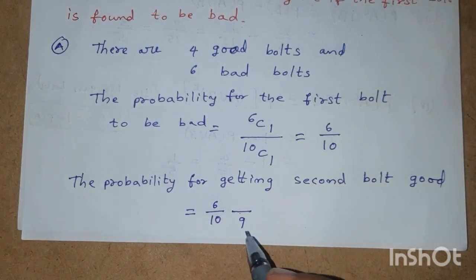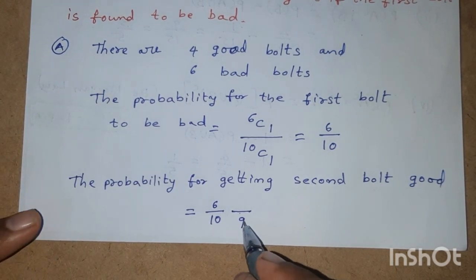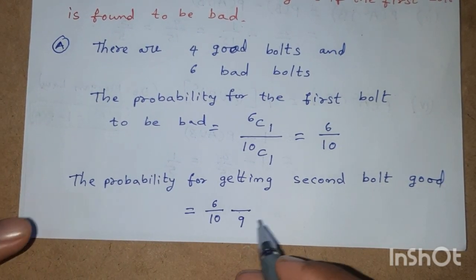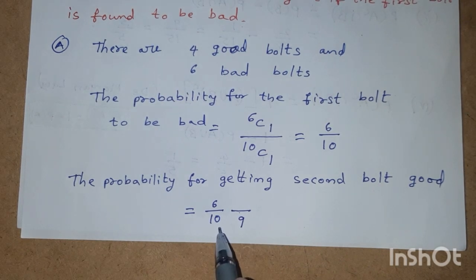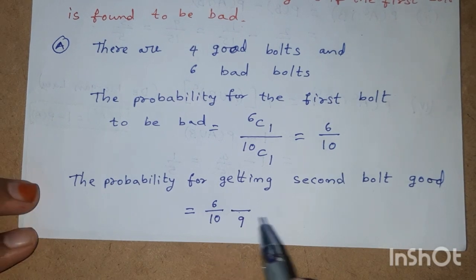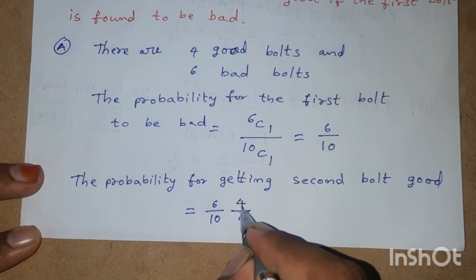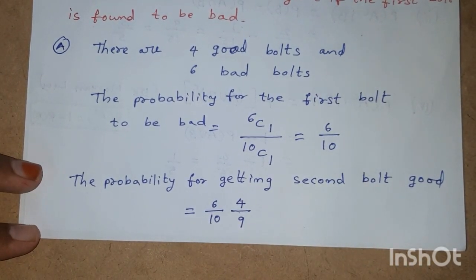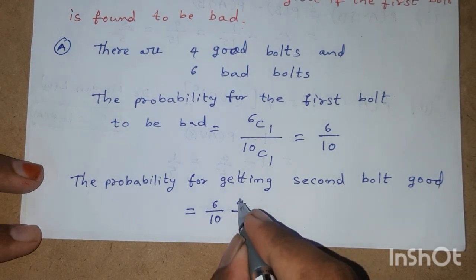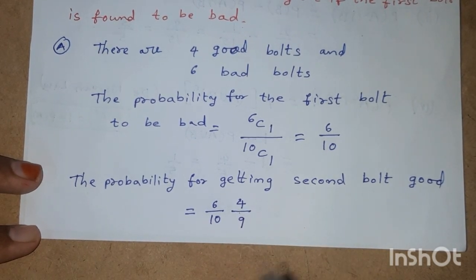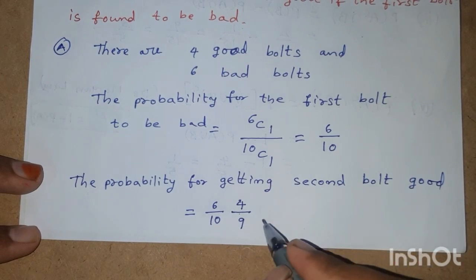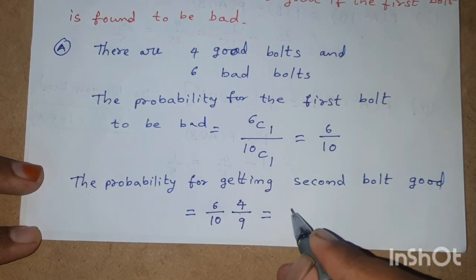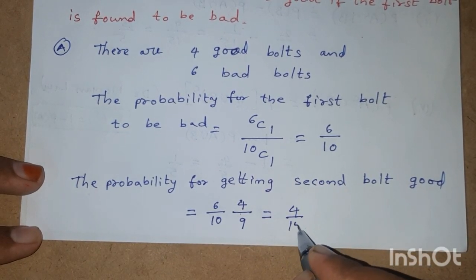Since we have already chosen a bolt, whether it is good or bad, there are only 9 remaining bolts, but our chosen bolt is a bad bolt, therefore 4 good bolts are there, and hence its probability is 4 by 9.